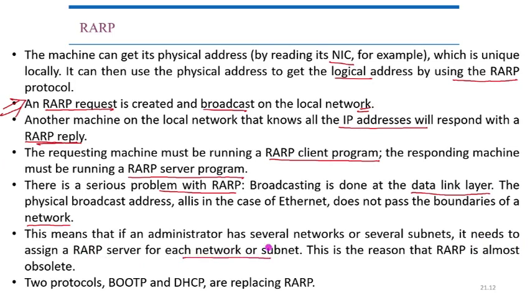Since the packet goes from the data link layer to the network side, the administrator with different networks and subnetworks would have to assign a separate server for each RARP packet. This is the costly thing in the case of RARP. This is the reason RARP is almost obsolete, and it is not basically used.